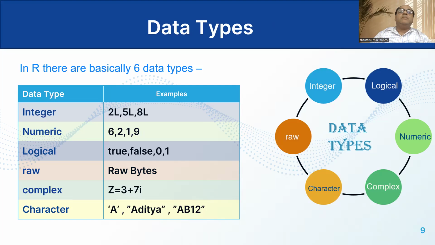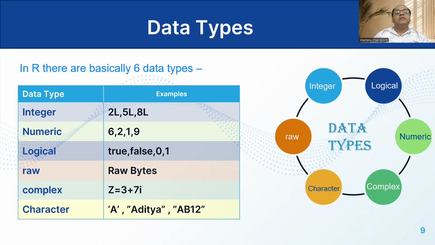Now, these are basically the six data types that we widely use in the R programming language. Number one is the integer data type. It takes integer values. Second one is the numeric data type. Third one is the logical data type. Fourth one is the raw byte data type, then complex and character.